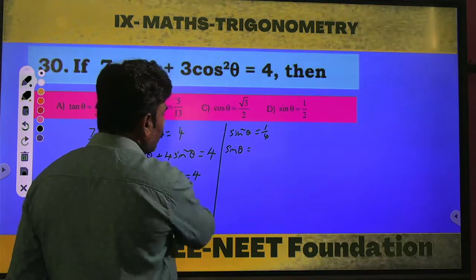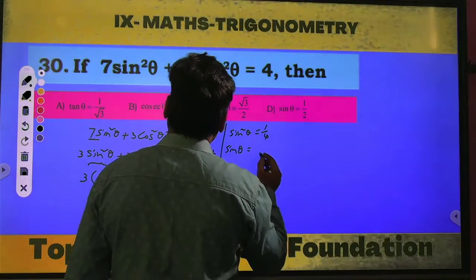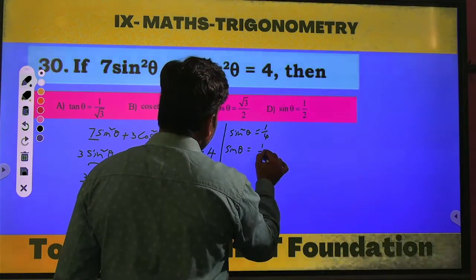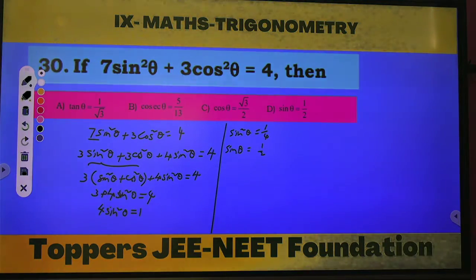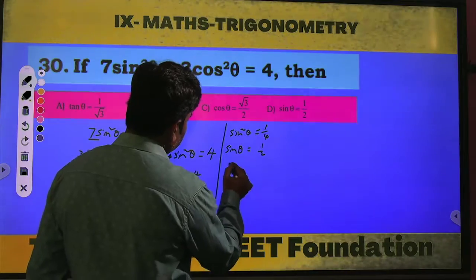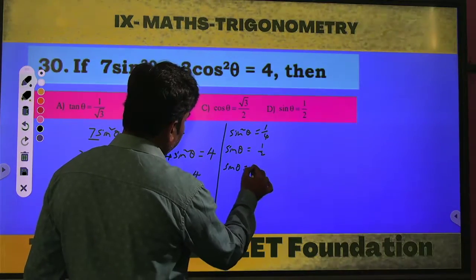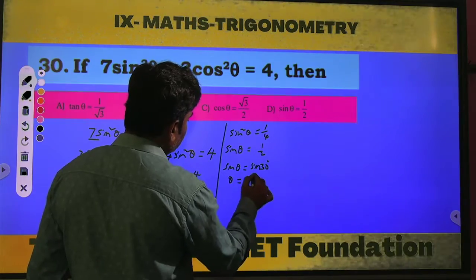Sin theta is equal to 1 by 2. It can be written as sin 30 degrees, then theta is equal to 30 degrees.